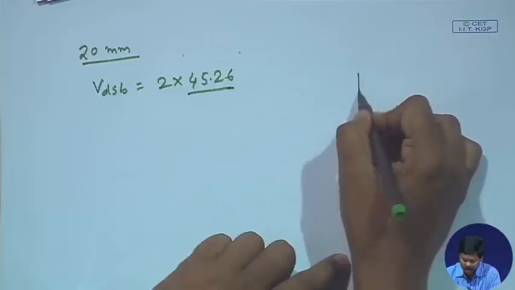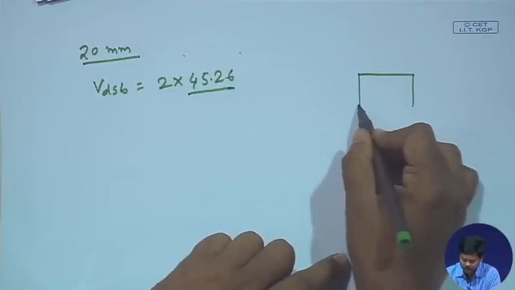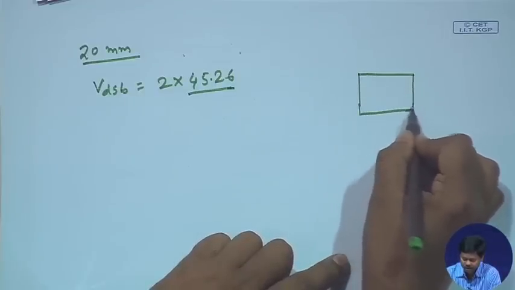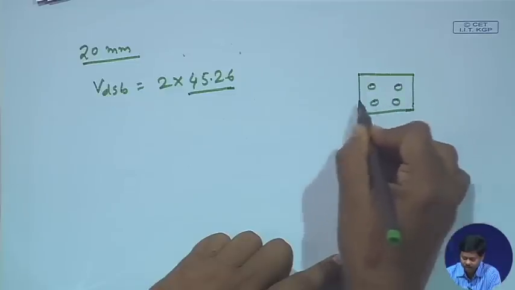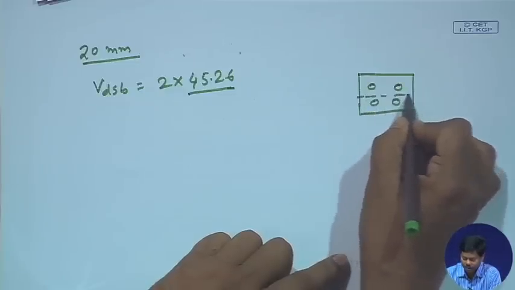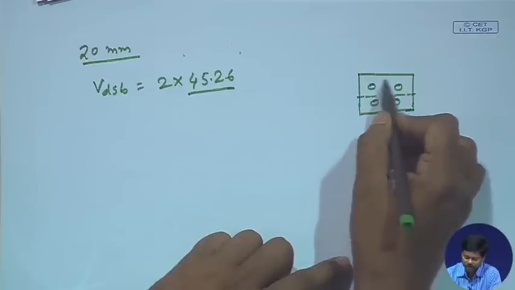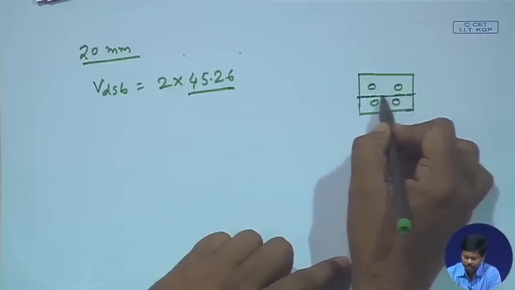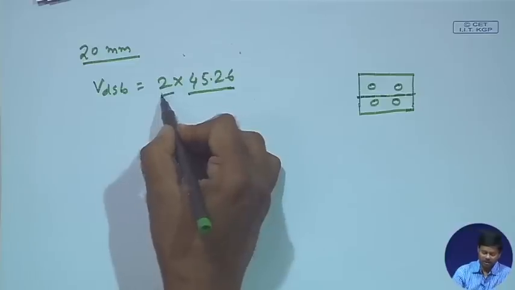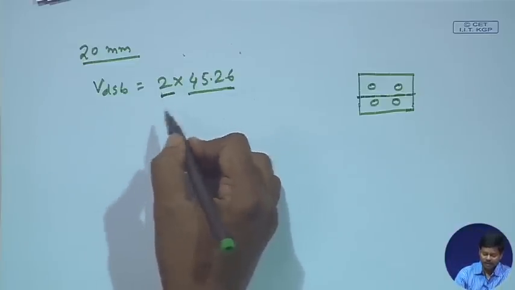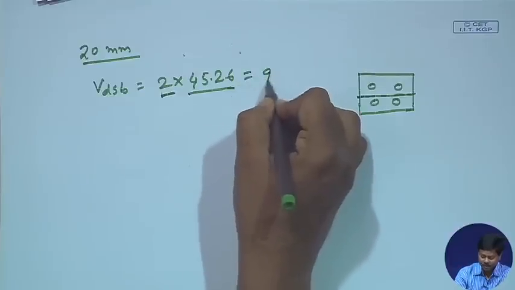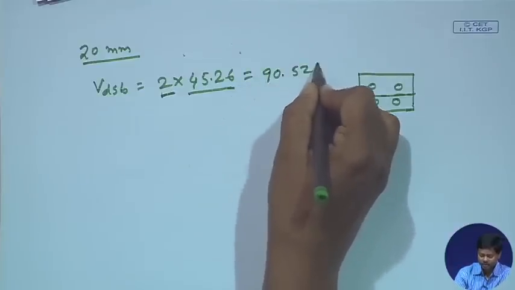And here the plate should be provided on two sides of the web, right. If we provide like this, the plate will be on two sides, so it will be in double shear. Therefore, the strength of bolt is calculated due to double shear and it comes to 90.52 kilonewton.